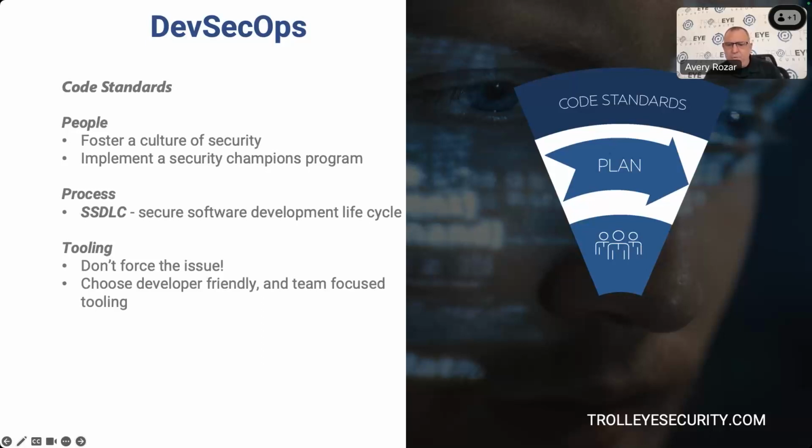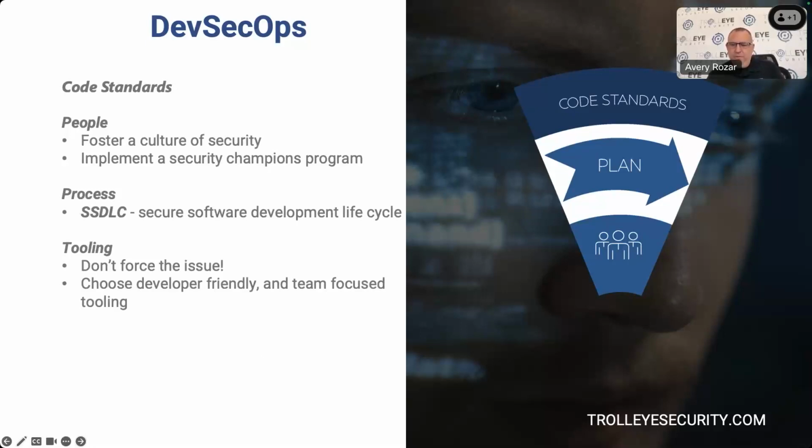Doing this allows organizations to shift from a reactive model to more of a proactive model as they deliver software solutions. Next is tooling. And I know security engineers, they love to push these tools down developers' throats. And that causes friction, right?